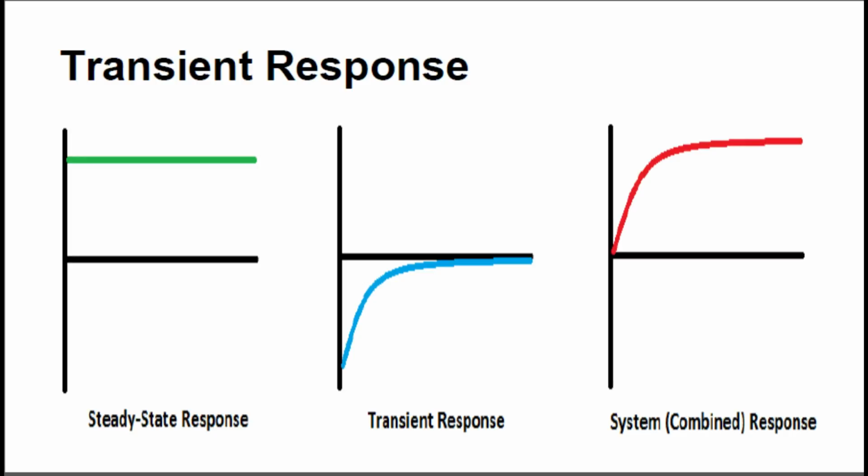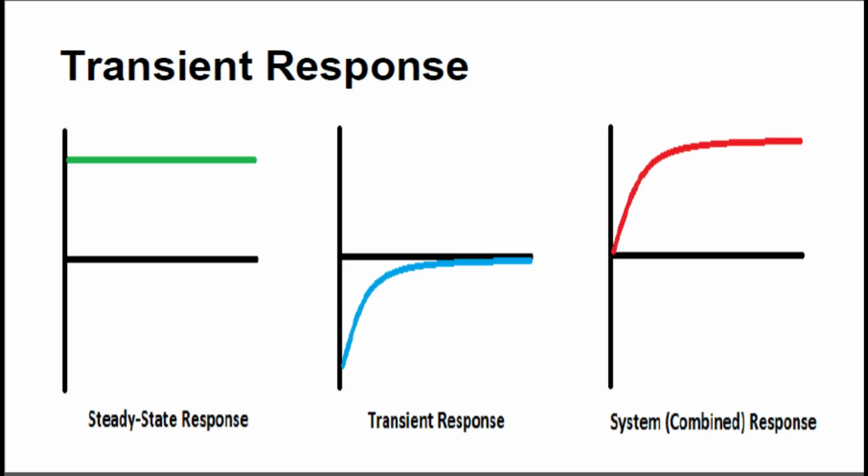So let's take time as 0. And you can see that right there on the x-axis. Sorry, we don't have it labeled, but the x-axis on each of these is time. So let's take time equals 0. And you can see at the steady state response, that green line at that point is, let's just say, at a value of 5. And then look at the blue curve, and on that one at time equals 0, let's say that's at negative 5.